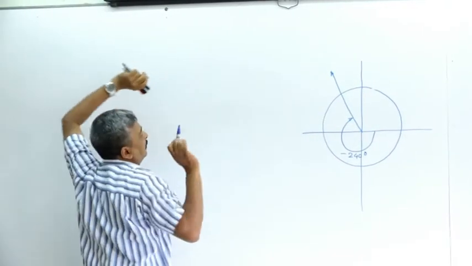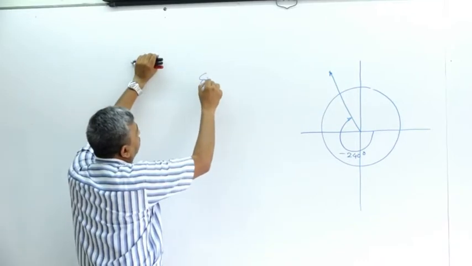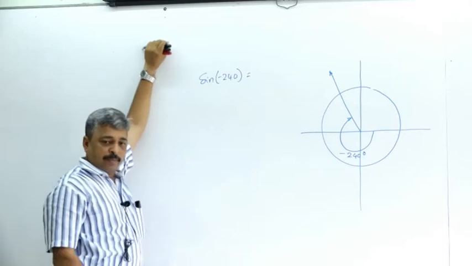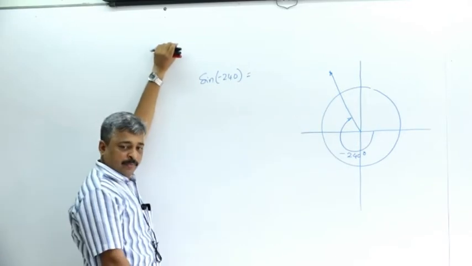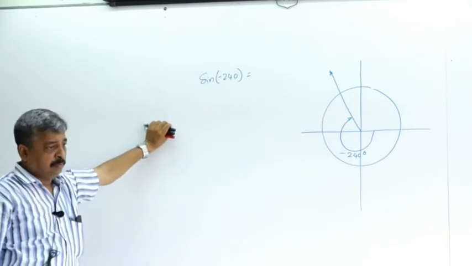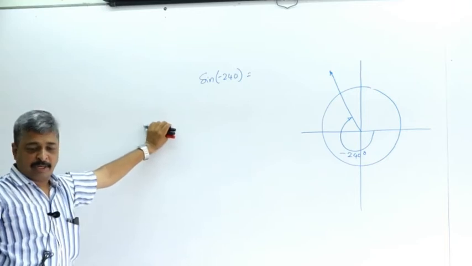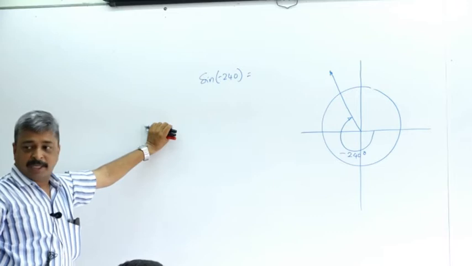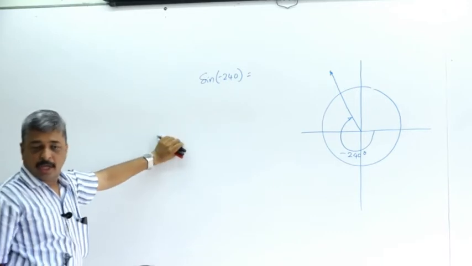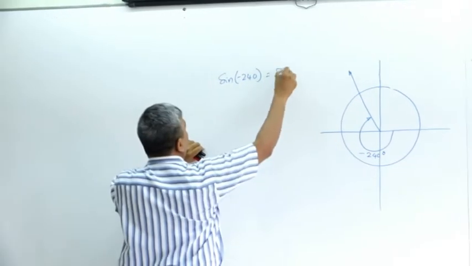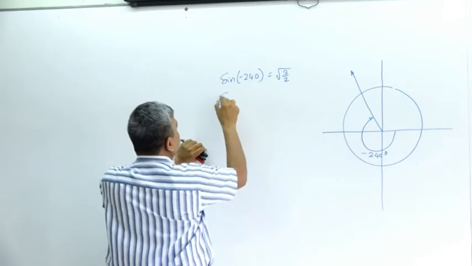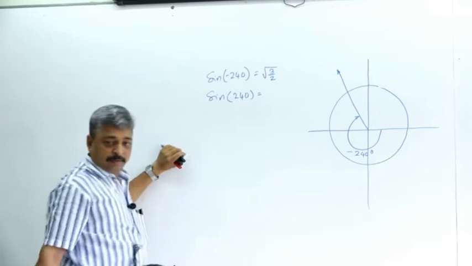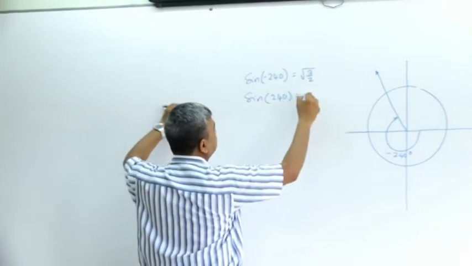Now, let us write down whatever we have learned. Sine of minus 240 is equal to what? Tell me the value. It is not there in that table. Sine 240 is minus root 3 by 2.